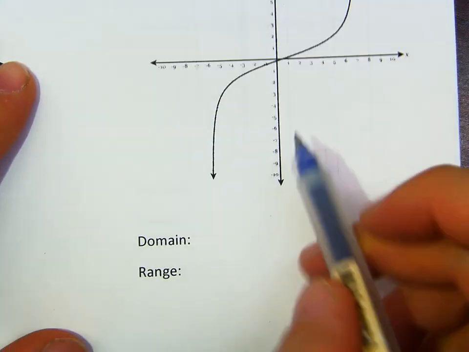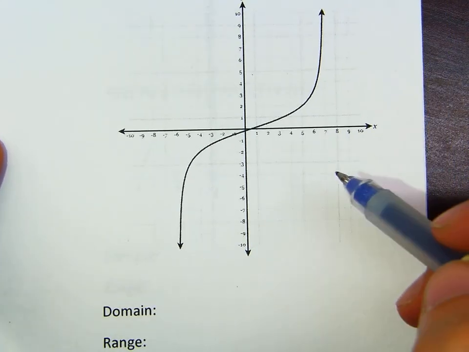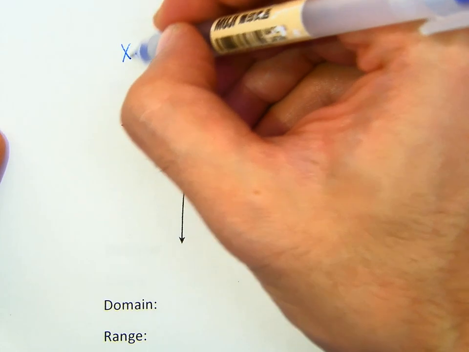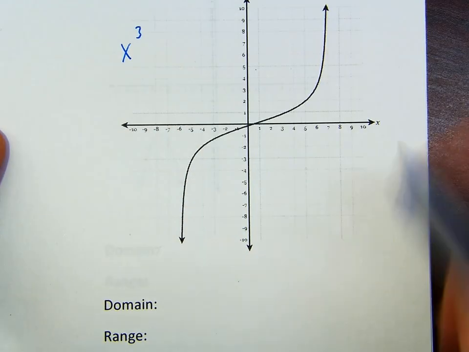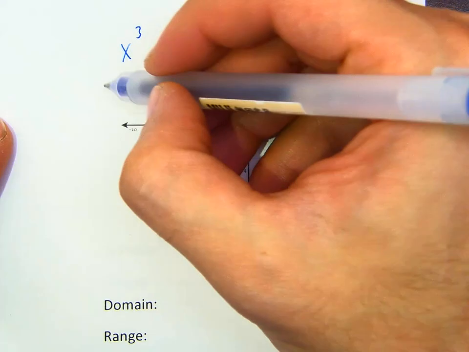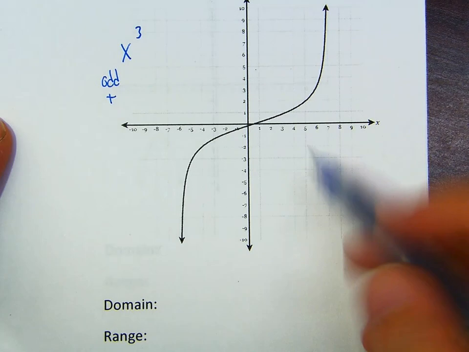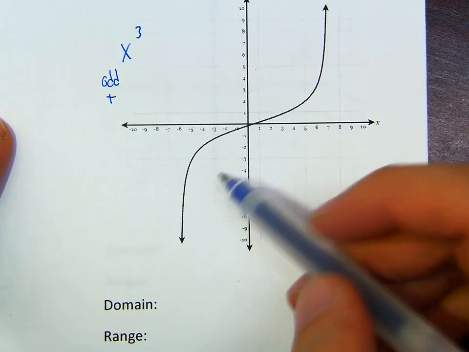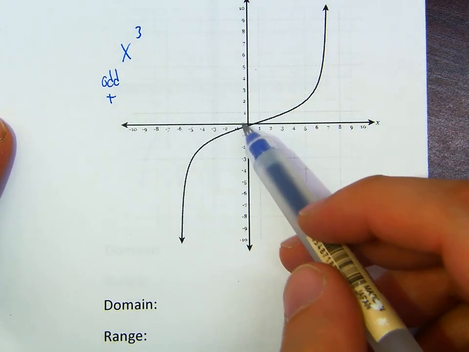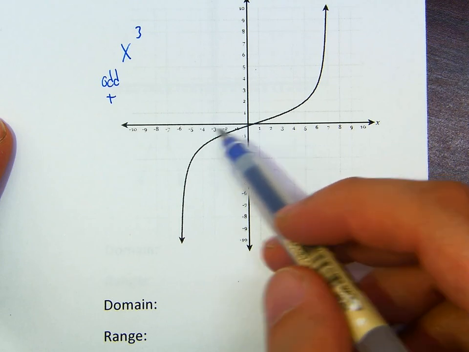For this one, let's take a look at this graph. Doesn't this graph look like x cubed, right? Look at the dance move. This is odd positive, right? Okay, so what's the domain of some odd positive graph? How far left can you go?